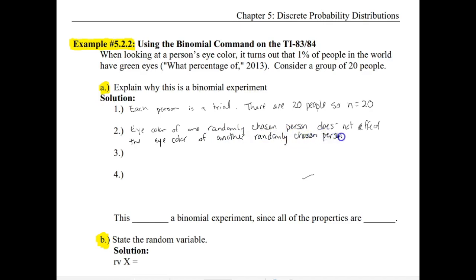And this, again, is where randomly chosen is important, because if you just grabbed 20 people that you're all related to, then eye color is something that is inherited. And so again, there is going to be a dependency in eye color for people who are related. But if we just randomly choose 20 people, the eye color of one should not affect the eye color of another. So we can assume we have independent trials.